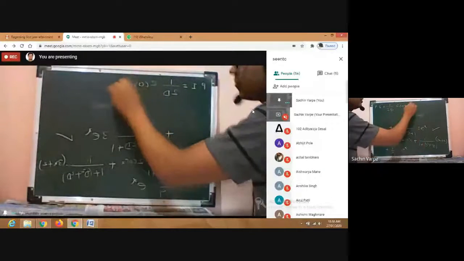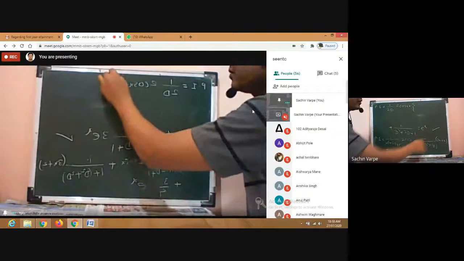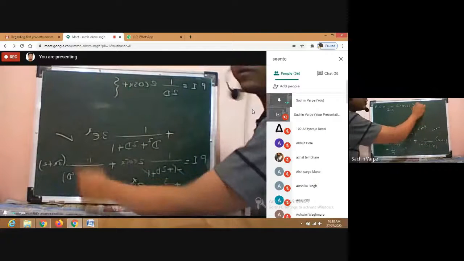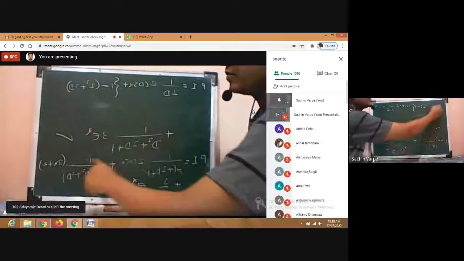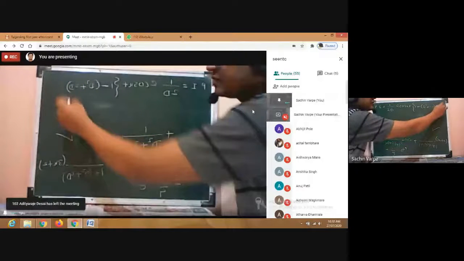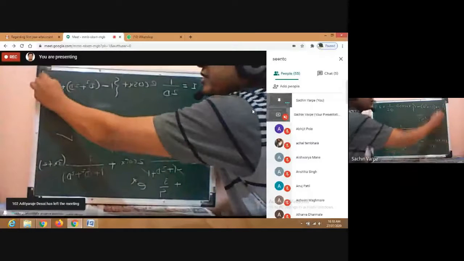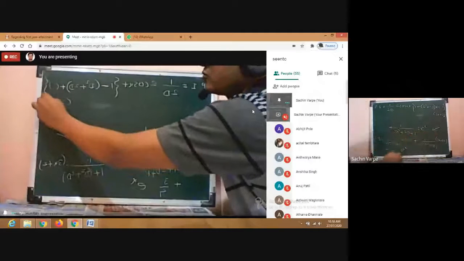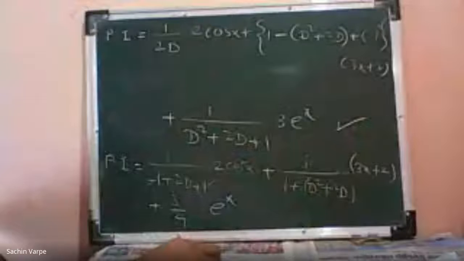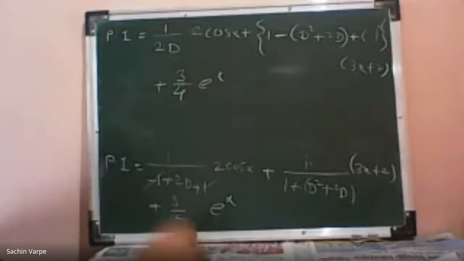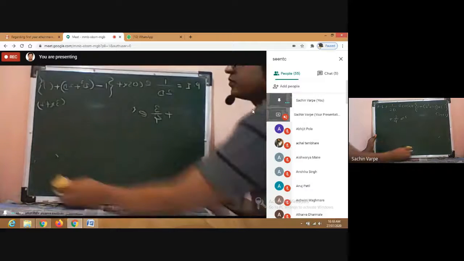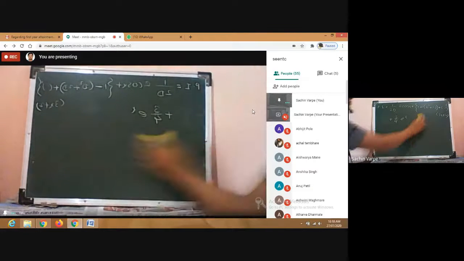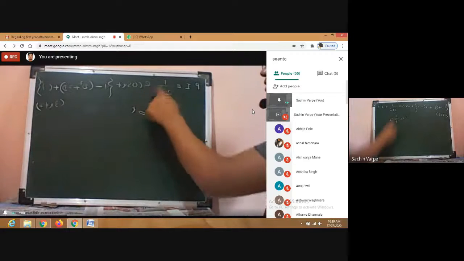Here, the expansion is 1 upon 1 plus p ka expansion, 1 minus p, that is d square plus 2d plus p square, I'm writing simply bracket, into that polynomial 3x plus 2, isn't it? Right? So, here 2 will get cancelled.